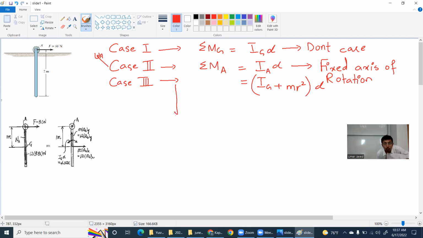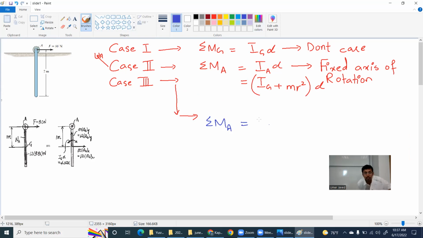Now I will talk about case 3 today: when your point of rotation is not fixed. Of all the practice problems I have sent you, you might have noticed that you will have 2 components.